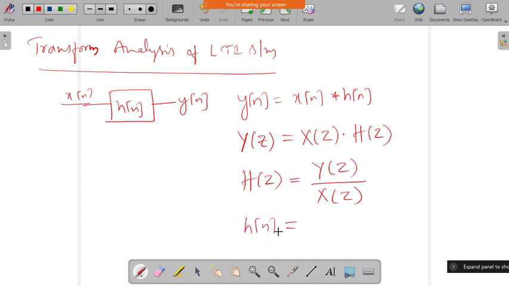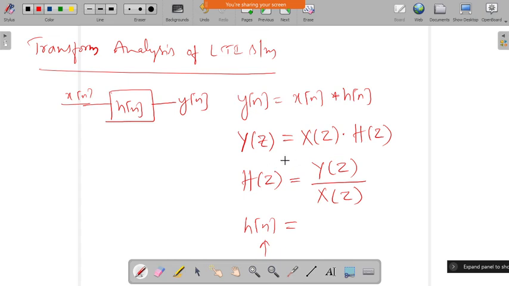That is a very easy way to find the impulse response of the system. If I want to do it in the time domain, it is very difficult. So if you use the Z transform, it is very easy to find the time domain impulse response.